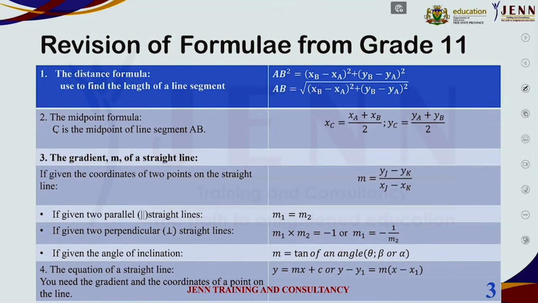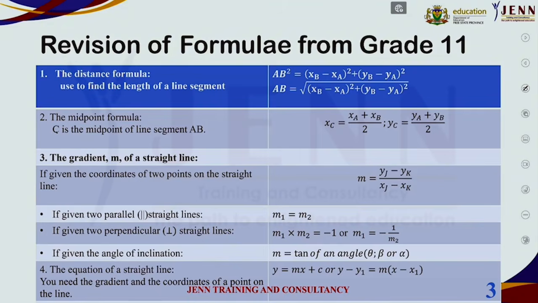If, for example, I have line segment AB and line segment CD, and it is given that the 2 lines are parallel, it means that the gradient of line AB will be the same as the gradient of line CD. 2 lines that are parallel share the same gradient.